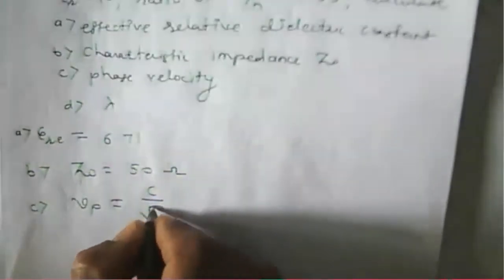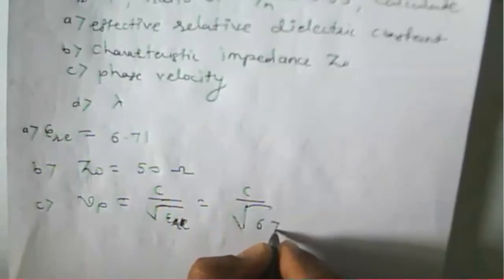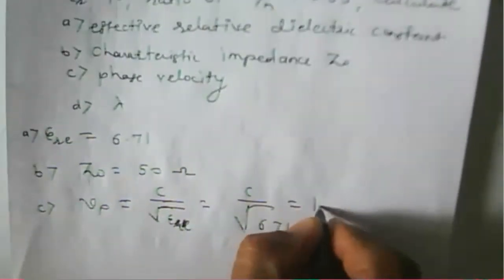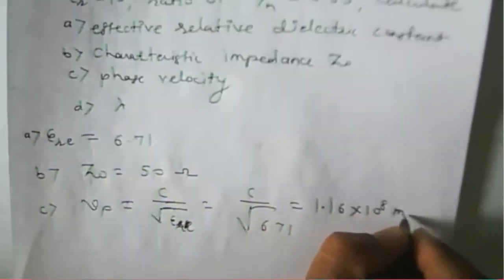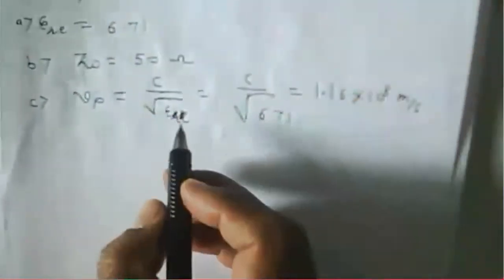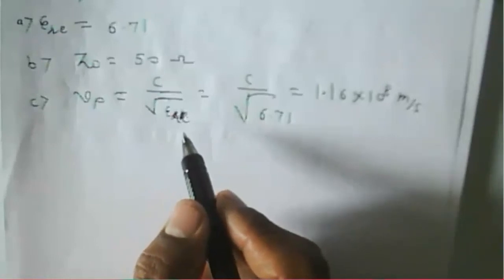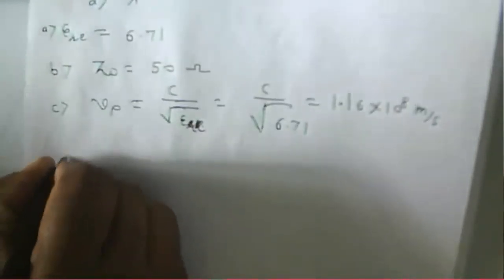Then C is about the phase velocity. The phase velocity is nothing but what we have calculated earlier. So we can just consider C by under root of epsilon Re, where epsilon Re is the relative one.